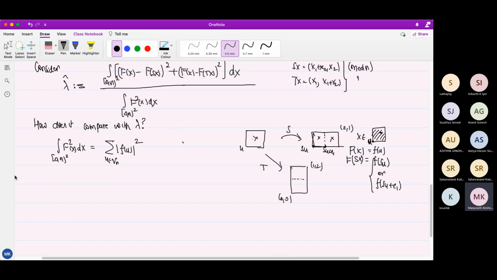So the numerator, I want to say that it is the same as f of u minus f of su squared plus f of u minus f of su plus e1 squared.